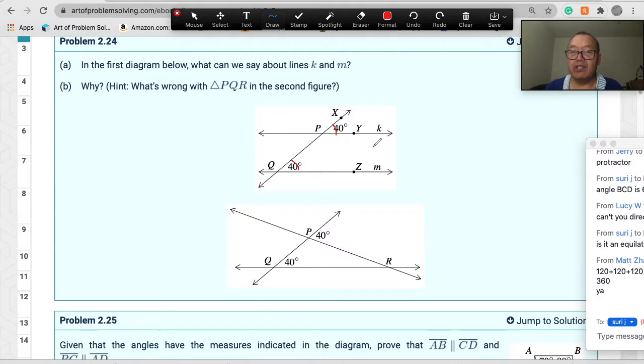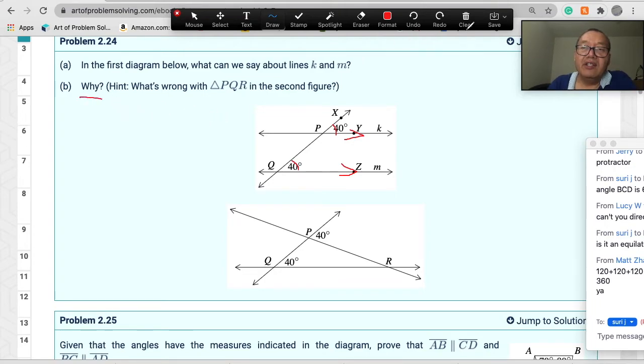If we know these two lines are parallel to each other, we can get that their corresponding angles are congruent. Now, if you give us two corresponding angles that are congruent, then we can get that these two lines are parallel to each other. Okay? Then they ask you why.